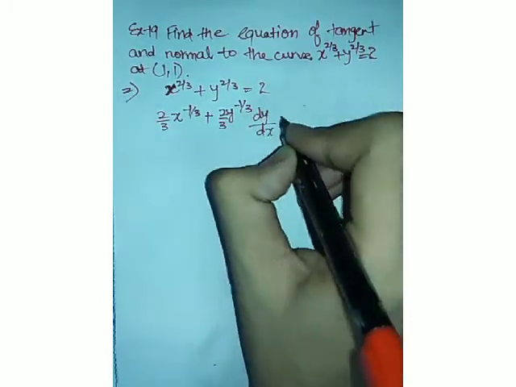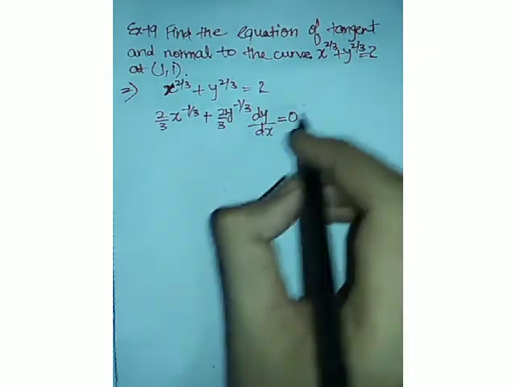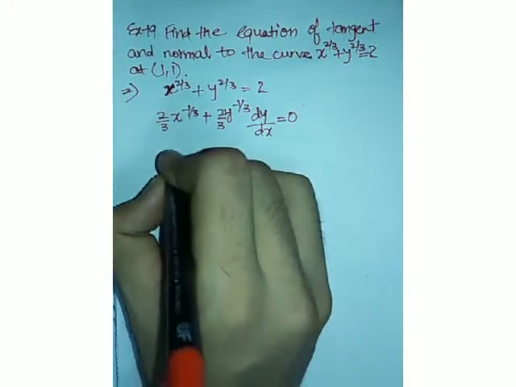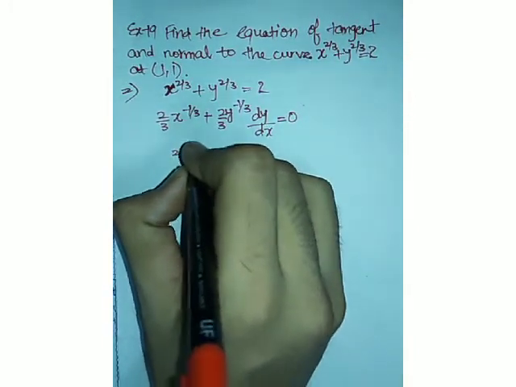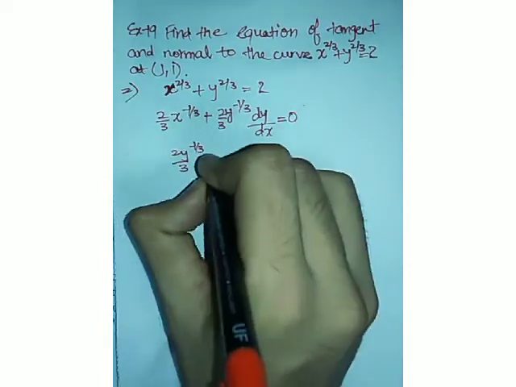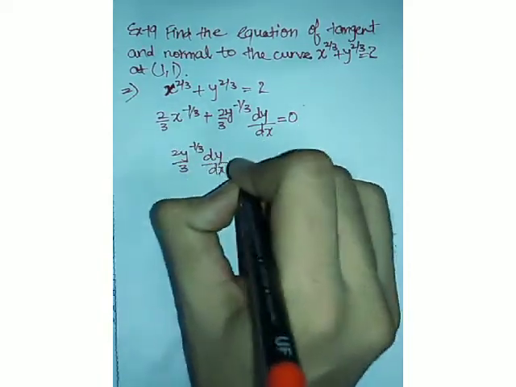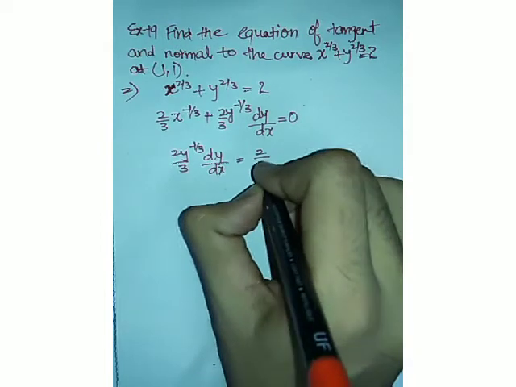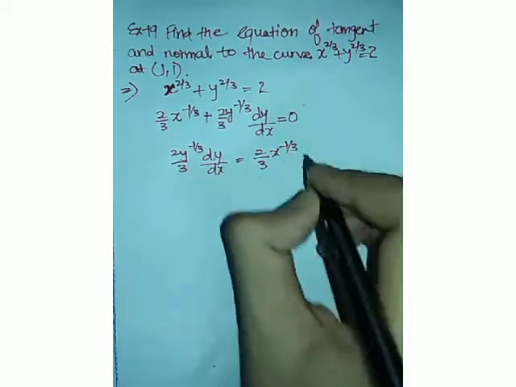So we will get dy upon dx is equal to 0 because differentiation of 2 is 0, or 2y raised to power minus 1 by 3 upon 3 dy upon dx is equal to 2 by 3 x raised to power minus 1 by 3.